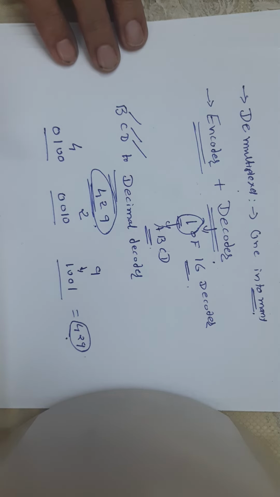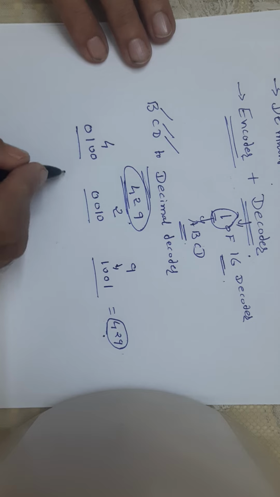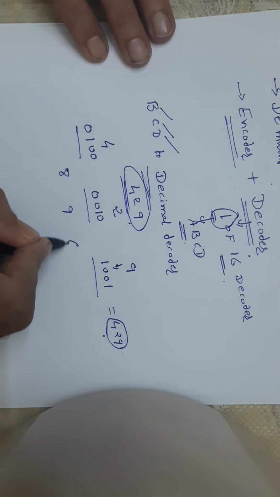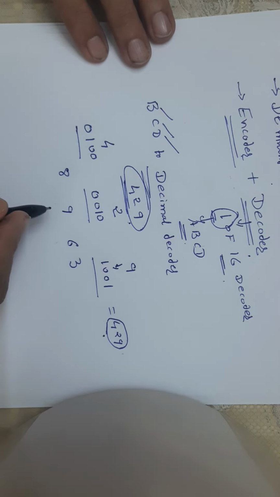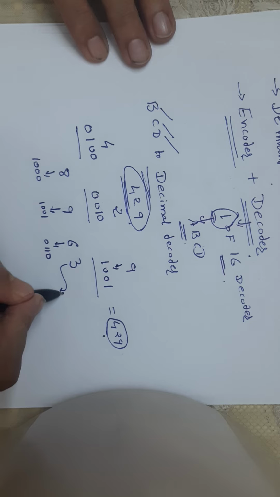As another example, here is how to convert the decimal number 8963 to its binary coded decimal form. 8 means 1000, 9 means 1001, 6 means 0110, and 3 means 0011.